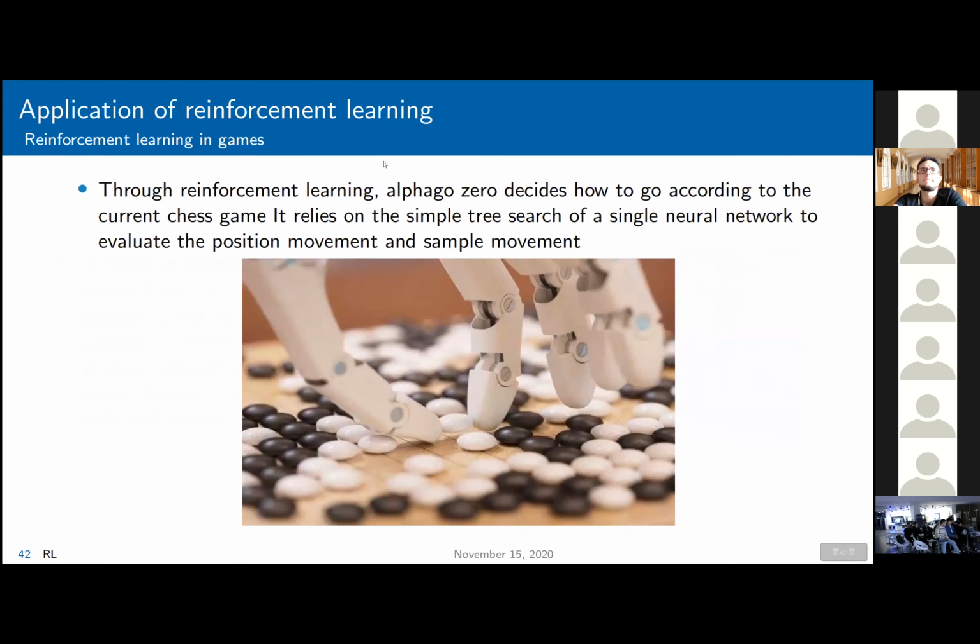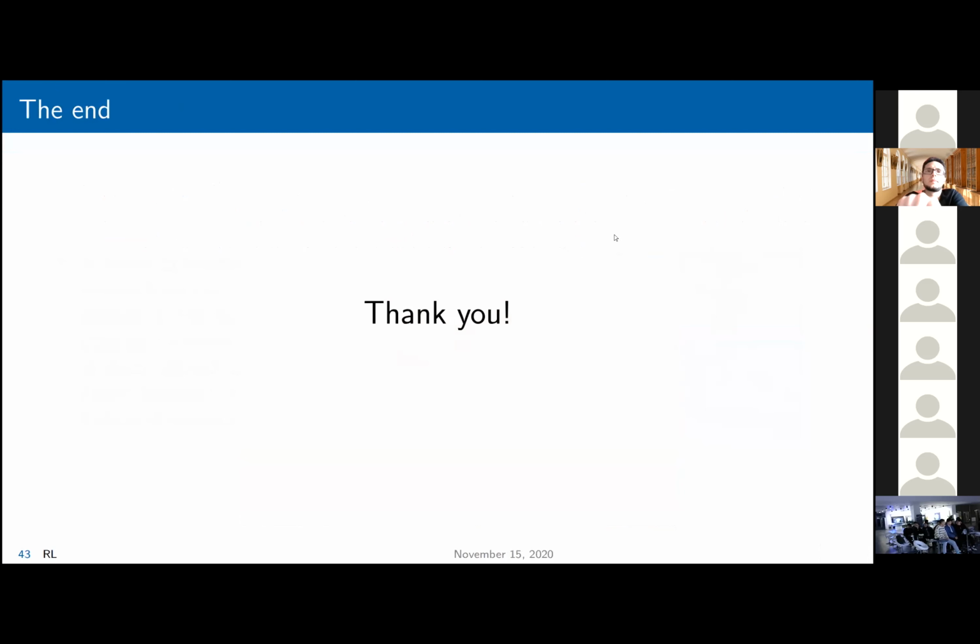And the last one is reinforcement learning in games. Through reinforcement learning, AlphaGo Zero decides how to play according to the current game. It relies on simple tree search and a single neural network to evaluate the position and the sample movement. Okay, the above is all my report.